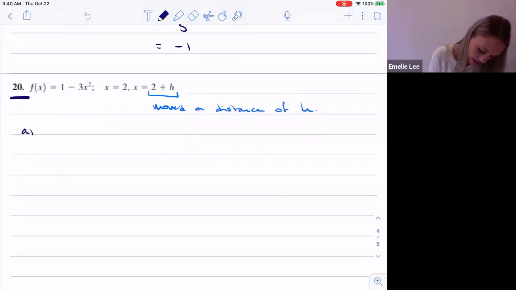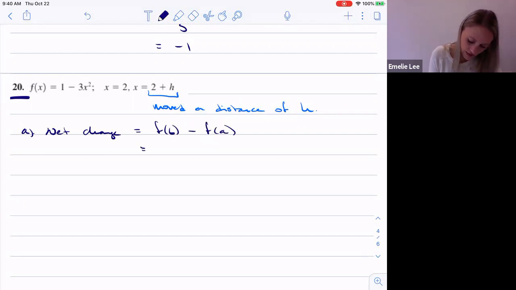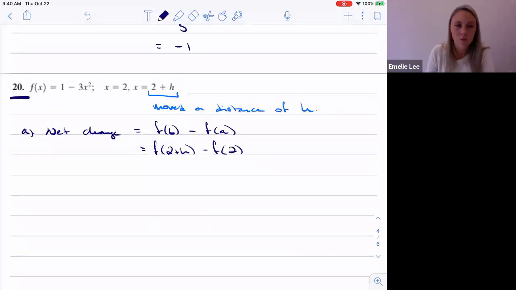Let's find the net change, which is f of b minus f of a. In this case, we have a function f and our a is 2 and our b is 2 plus h. So here, what this becomes is f of 2 plus h minus f of 2.